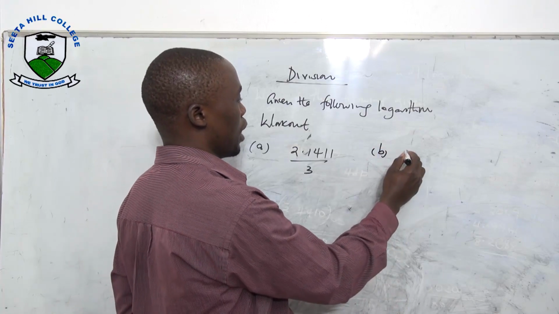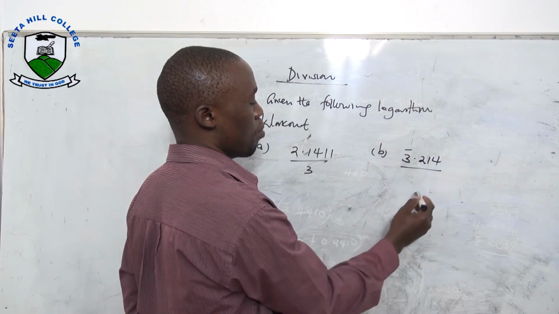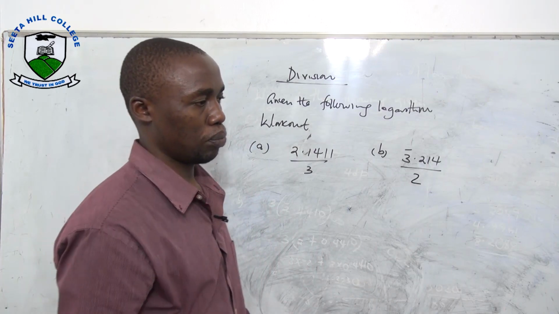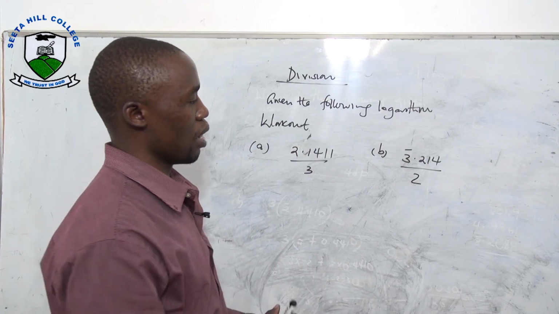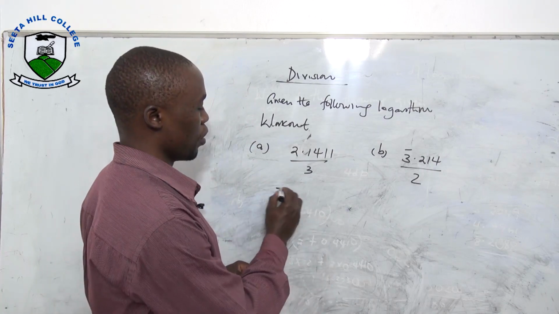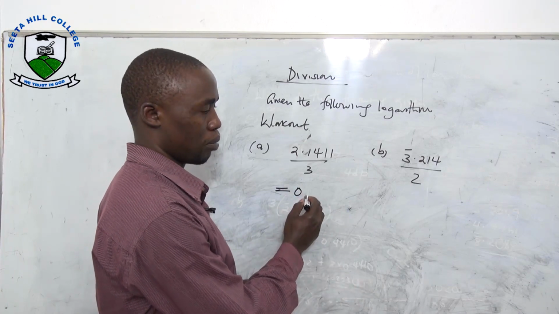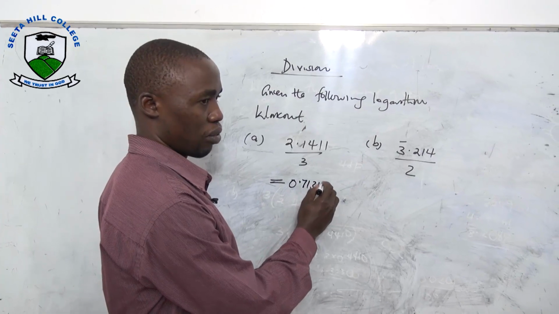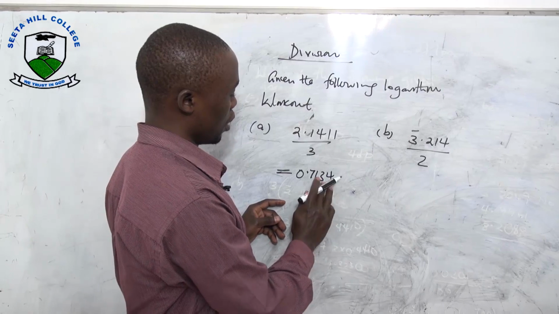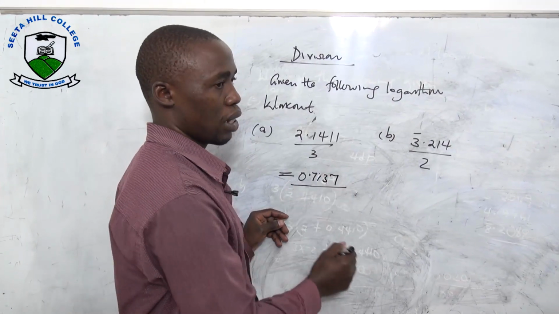Then we have a scenario where I have negative 3.214 divided by 2. Now look at division here. If it's positive divide, maintain to 4 decimal what? Places. Somebody, I've got the answer, 0.7134. Then somebody here with 0.7137. Okay.